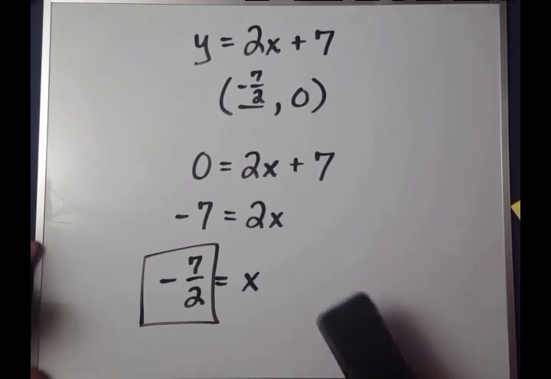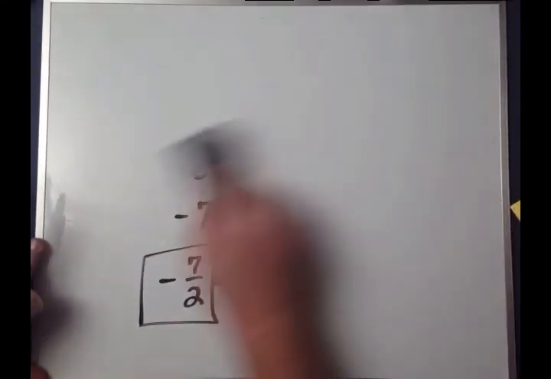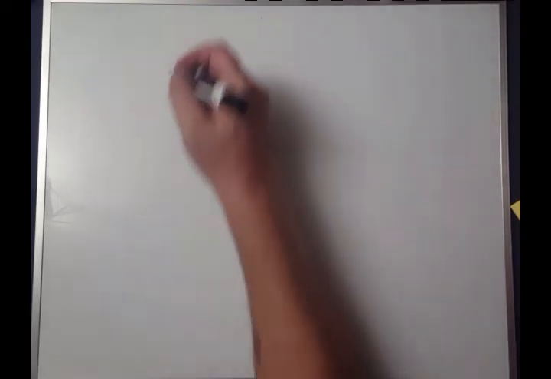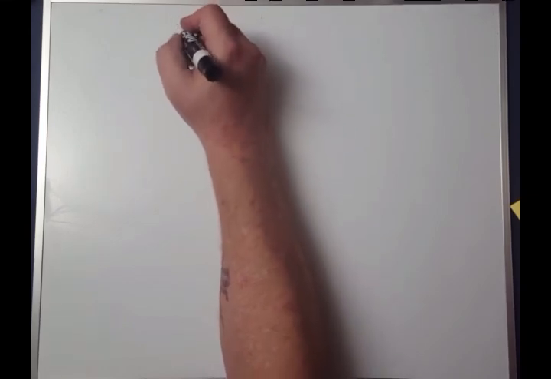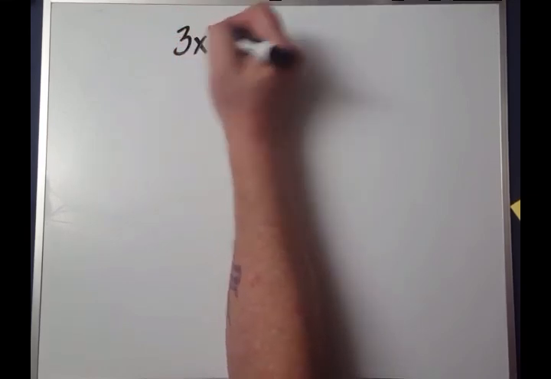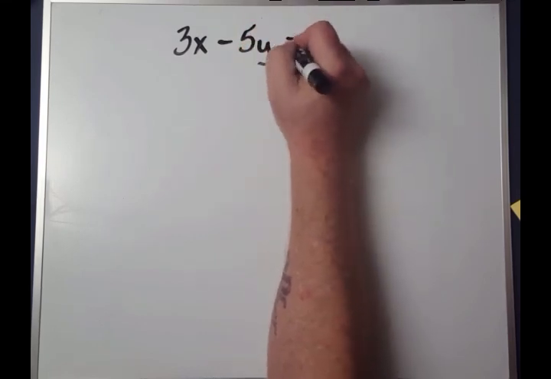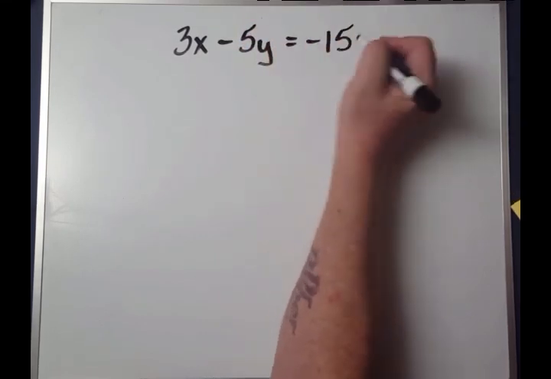In number 40, we're looking at the same kind of problem, except this time instead of just a single ordered pair, we're given a table to complete. So in number 40, 3x minus 5y equals negative 15.